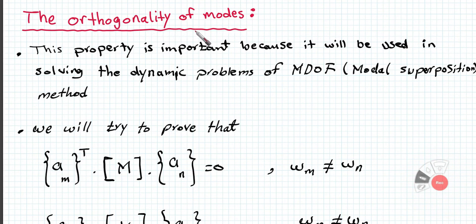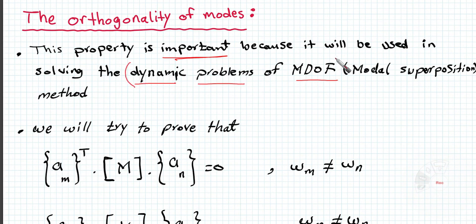or of mode shapes, we are going to talk about this property because it is an important property that we need to understand for a specific reason, for the case where we are going to solve the multi-degree of freedom system dynamically. So this property, which I'm going to start to explain in today's video, is important because it will be used in solving dynamic problems of multi-degree of freedom systems.